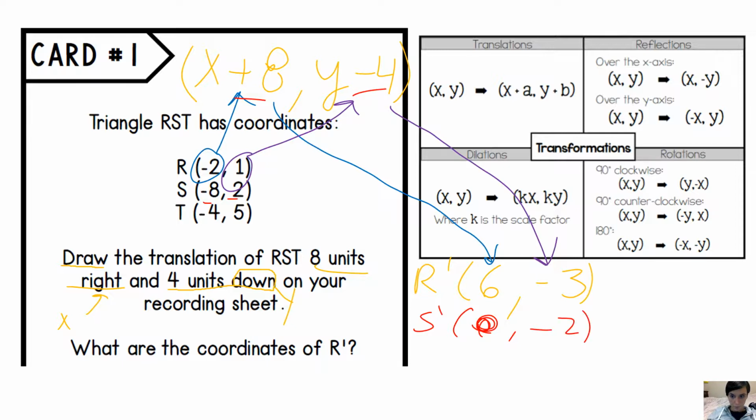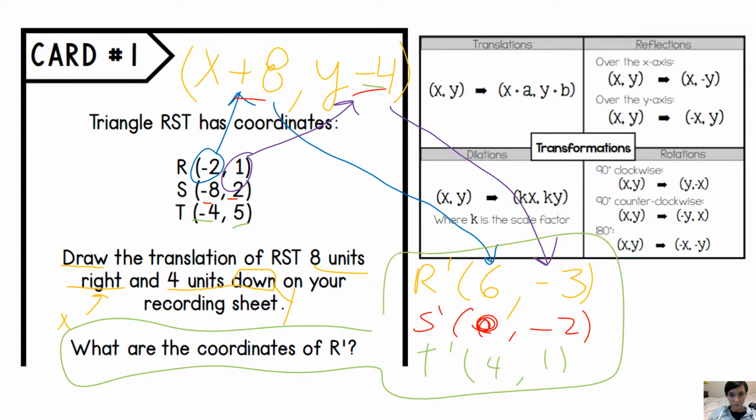Since I did it, might as well keep it going. Let's go green. T prime will be negative 4 plus 8, aka 4, and then negative 5 minus 4, negative 9. So here is the answer to that question.